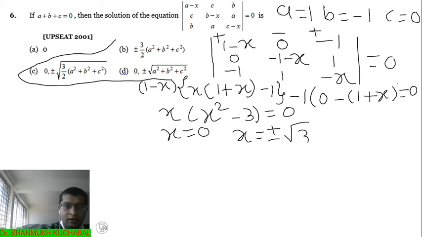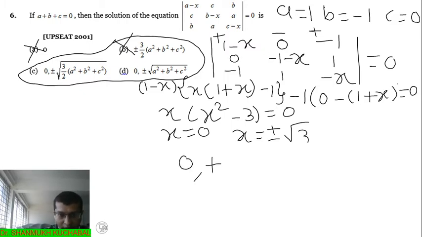Among these 3 solutions we get a correct option. Further, in B this 0 is missing, so B is a wrong answer, A is already wrong, and among C and D any one is the correct answer here. So why is B a wrong answer? In this, 0 is missing. In C I put A equal to 1, B equal to minus 1, C equal to 0, so we get 0 for this one, plus or minus under the square root of 3 divided by 2.